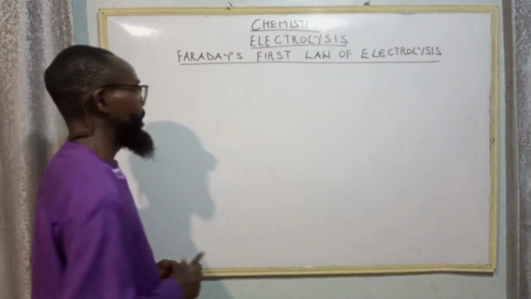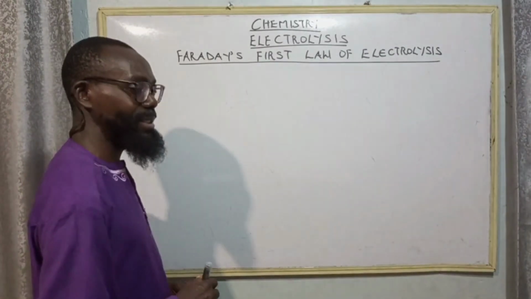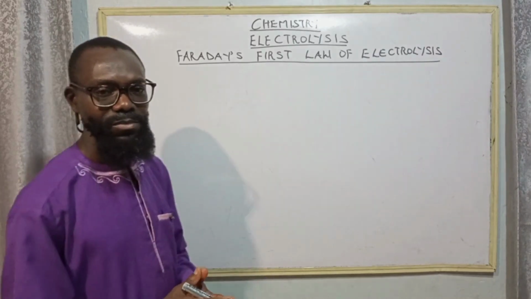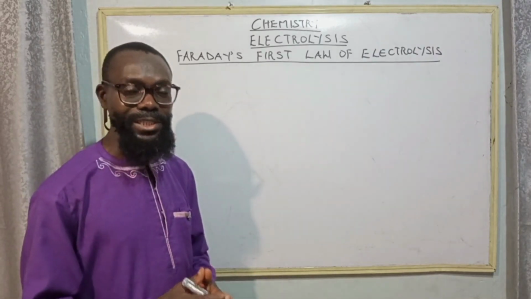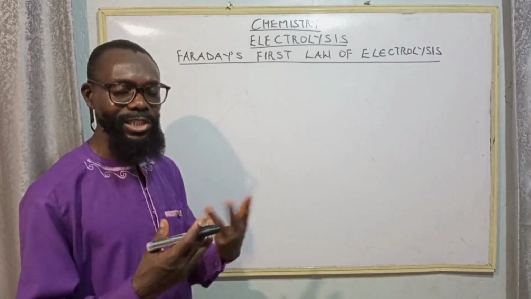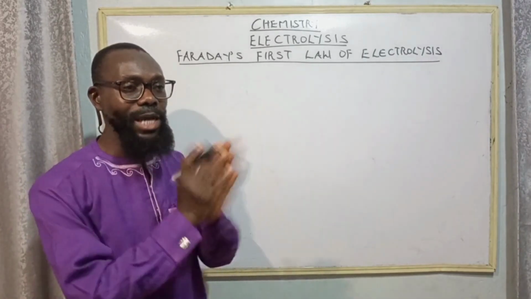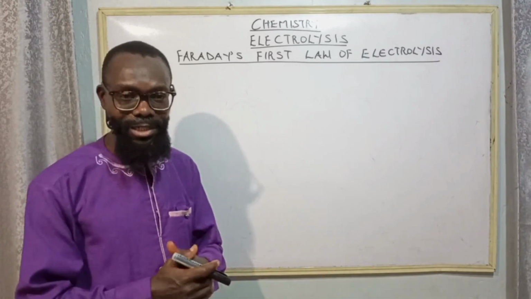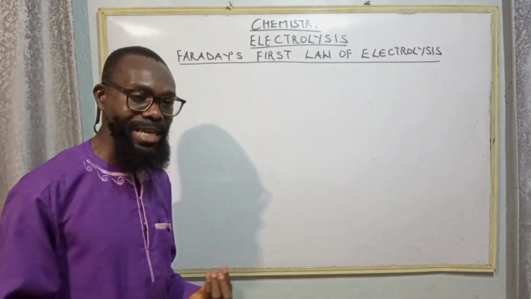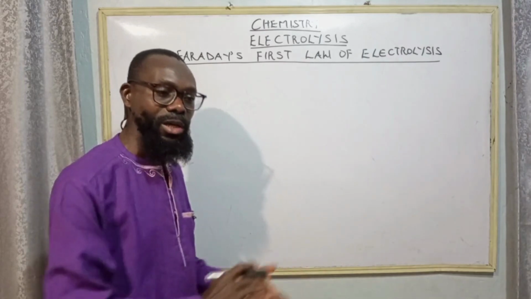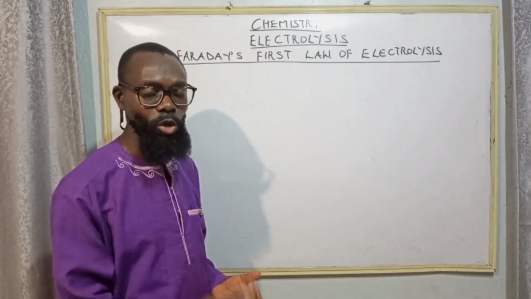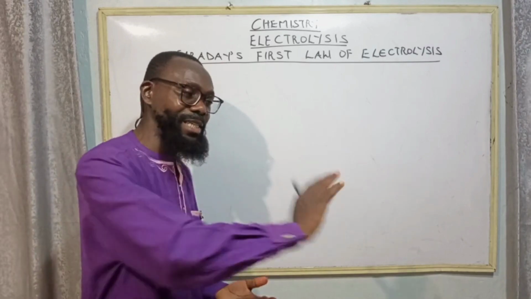That is, the mass of the elements that is going to be deposited or liberated. Sometimes they will say discharge. The word discharge is a single word used to mean deposited or liberated. When something is being deposited, it goes down the vessel or the container, like when you pour sand in water, the sand will go down.